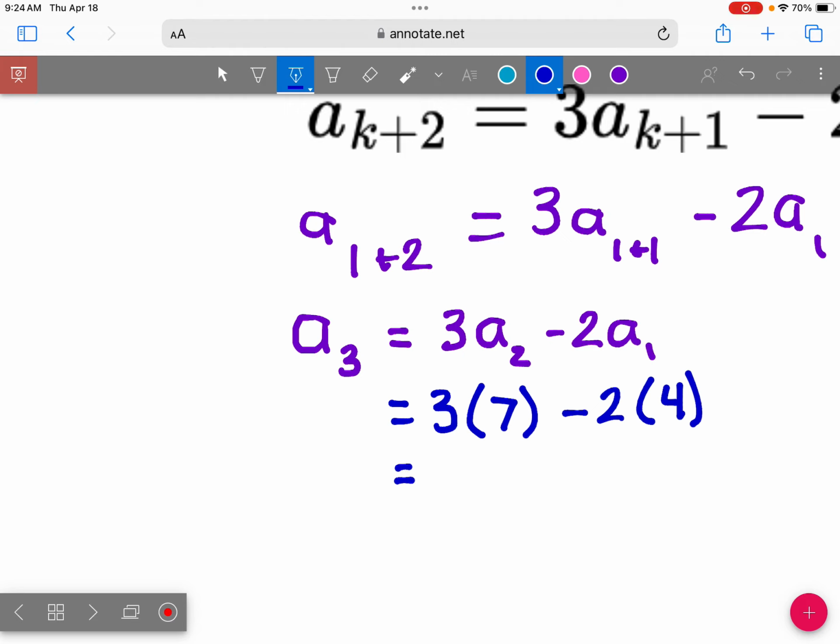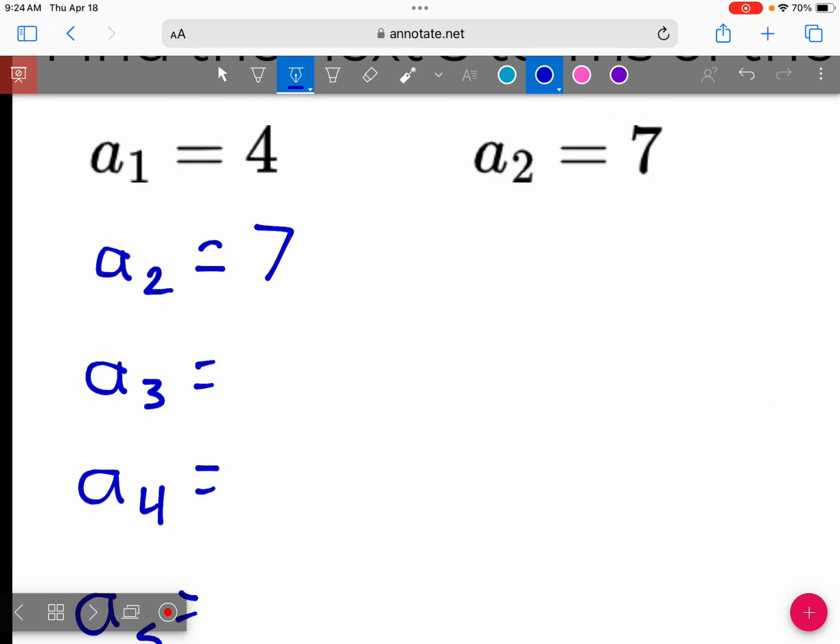So 3 times 7 gives us 21. 2 times 4 is 8. 21 minus 8 is what? 13. So a sub 3 is 13.